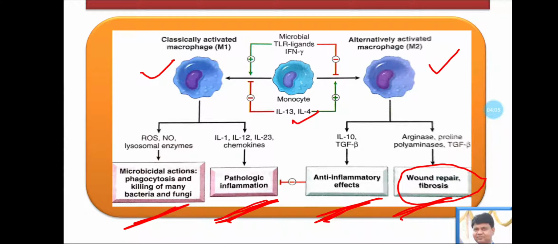So here you can see reactive oxygen species and nitric oxide and other lysosomal enzymes are secreted from these activated classical macrophages, and they will perform the microbicidal action, phagocytosis, and killing of the bacteria and fungi. Apart from this, they also release the different types of cytokines and chemokines which play a role in the inflammation and help in the recruitment of other inflammatory cells to the site of inflammation.